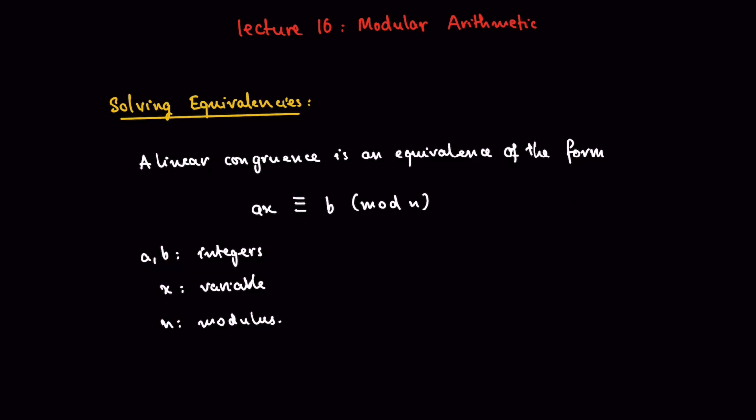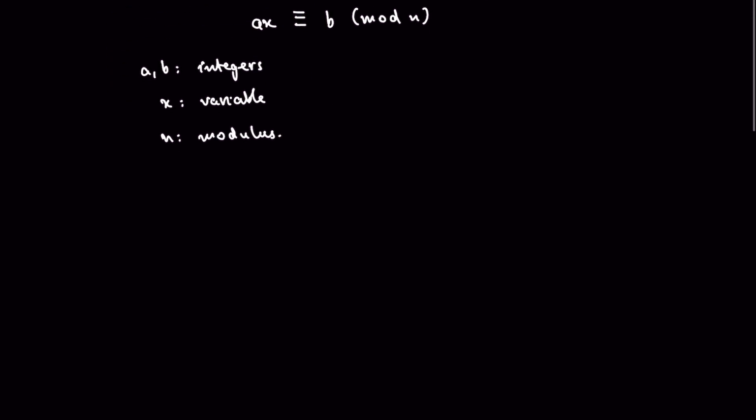But let's start with something simple enough for us to see what's going on. In the following example, I would like to find the value of X, where X is congruent to 254 mod 8.